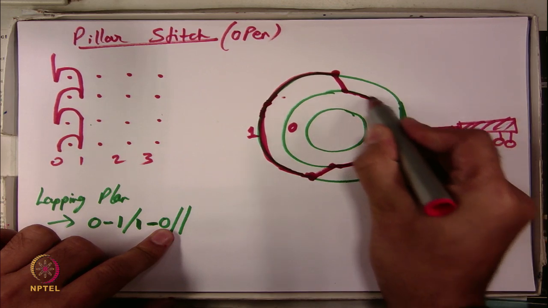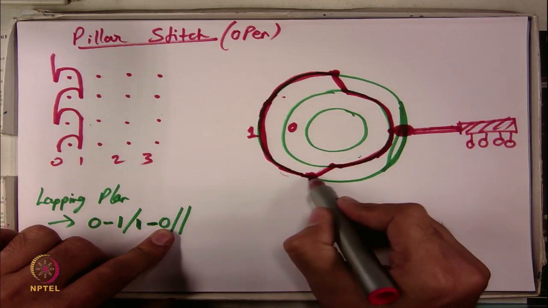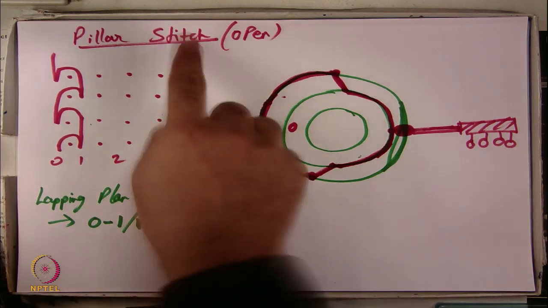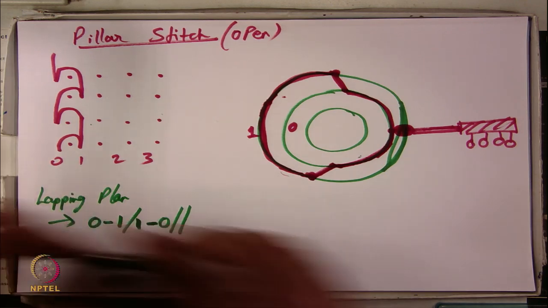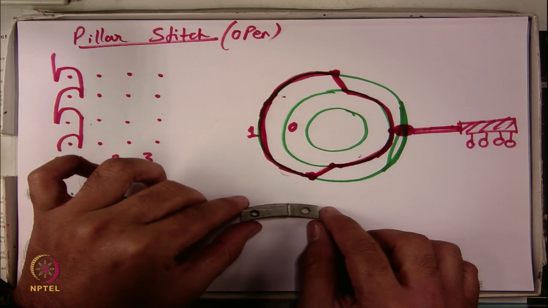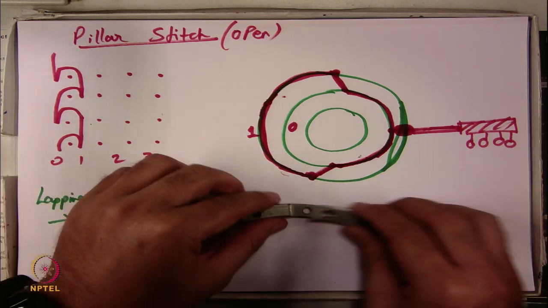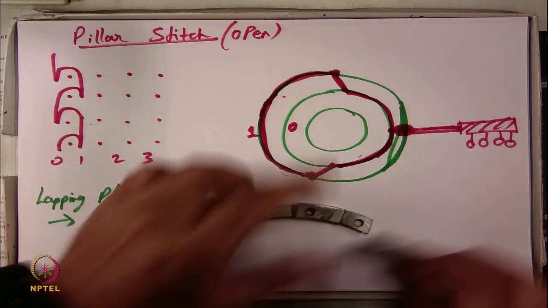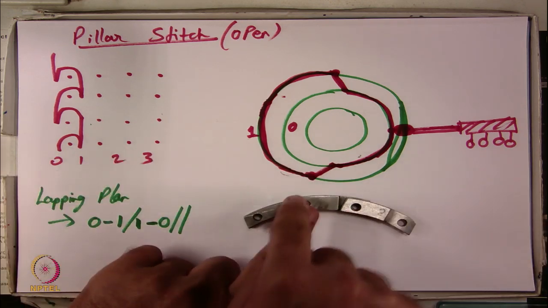So, this is the profile for pillar stitch. Now how can I put the sequence? We start from 0. So, this is the 0 height, and then I will go for 1, then the second digit is also 1. So, I can go for 2 ones simultaneously, since the profile is the same.